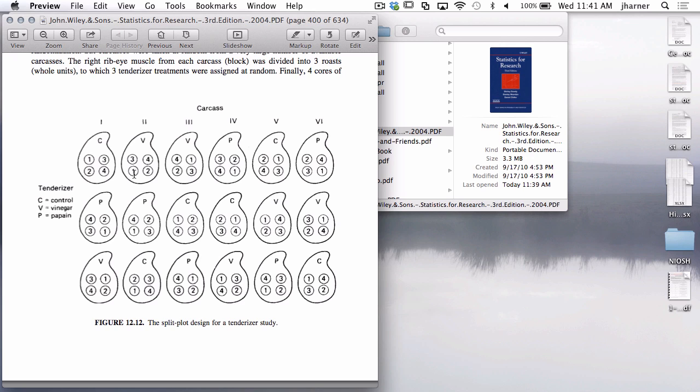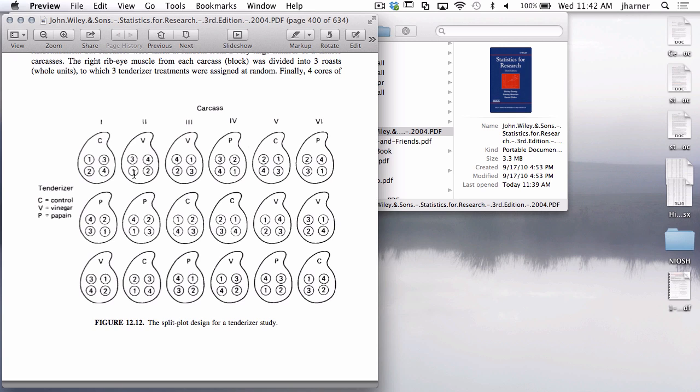But then those four circles are actually cores that you cut into the meat. Remember we have tenderizers. You're going to put the roast in, and you're going to broil it or bake it, whatever, but broil it, I guess.